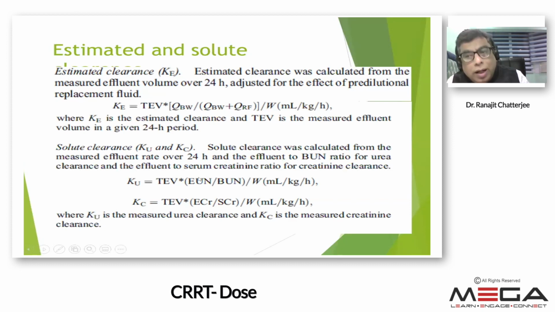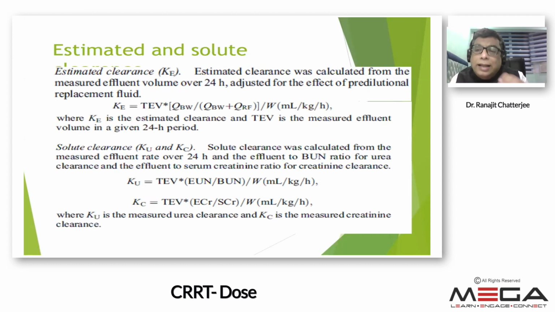But if this goes on decreasing, that means your filter has started clotting or clogging. So there the solute clearance will decrease. If you measure them regularly, you will find when your solute clearance is decreasing, that means your quality of dialysis or hemofiltration is coming down.